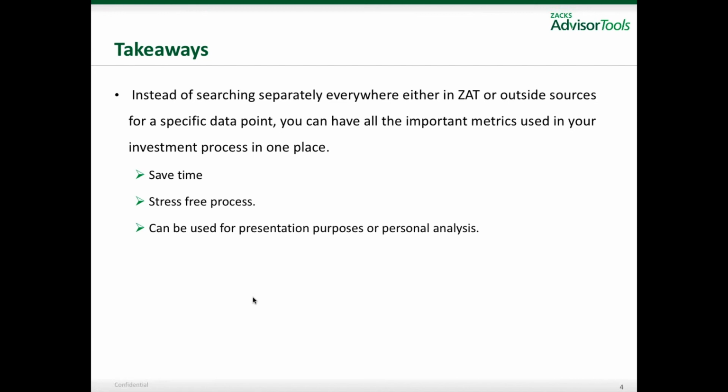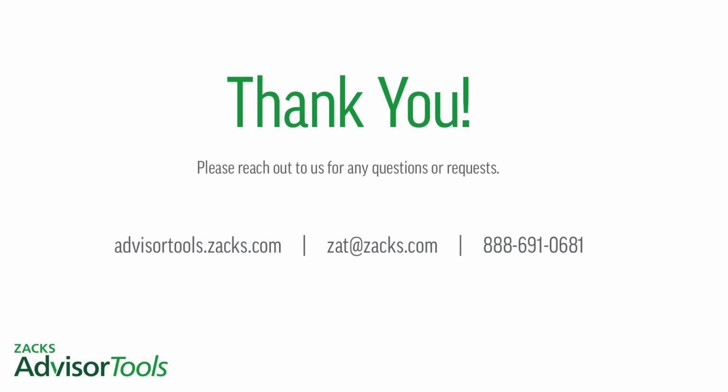The main reason why the Table Builder is so useful is because instead of searching separately everywhere, either in Zacks Advisor Tools or outside sources for specific data points, you can have all of the most important metrics used in your investment process in one place. So this results in saving time, creating a stress-free process that can be used for presentation purposes or personal analysis.